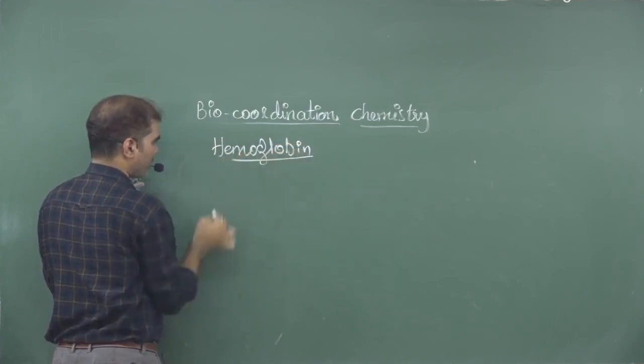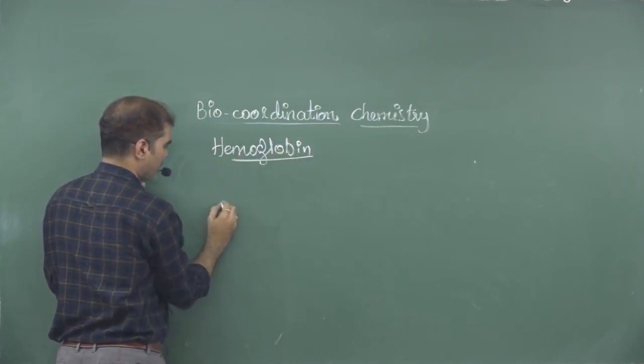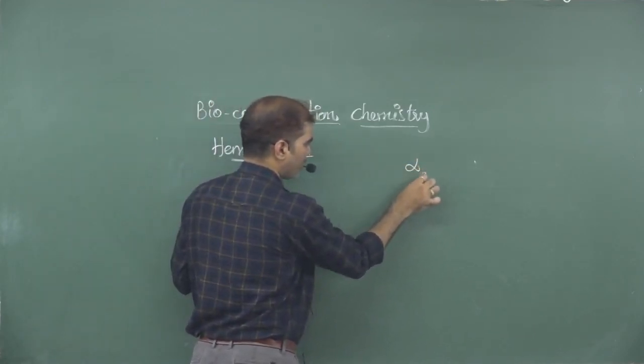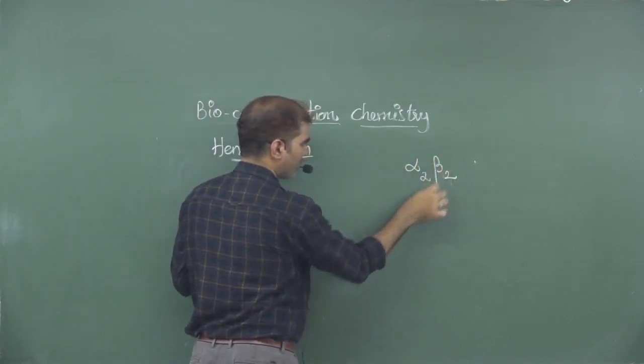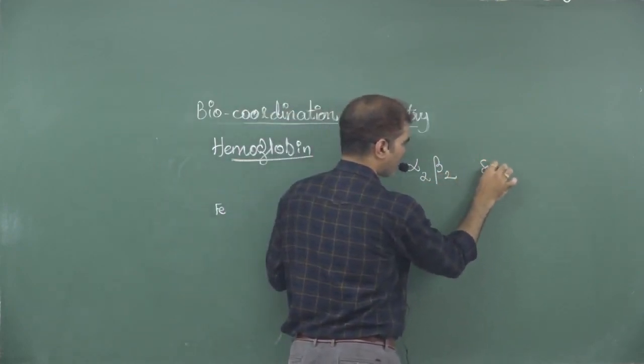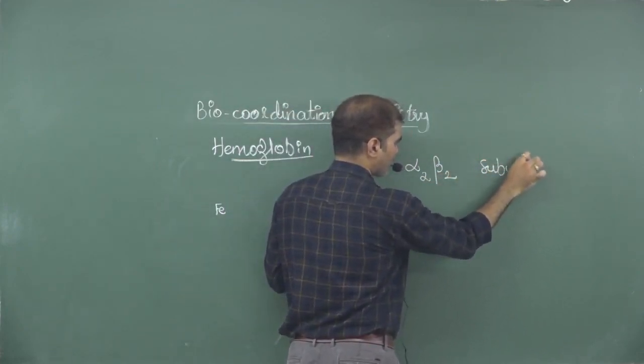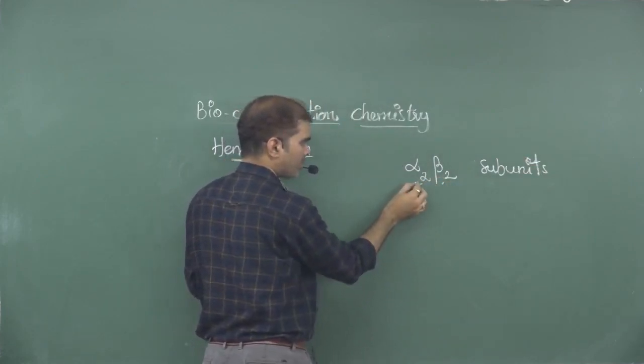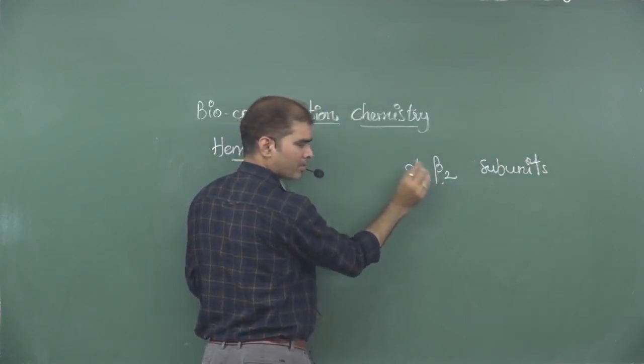These are called alpha 2 beta 2 subunits. It means 2 alpha units, 2 beta units.